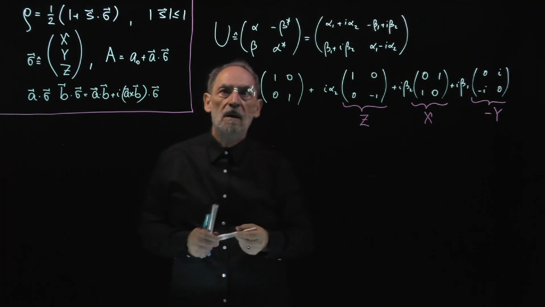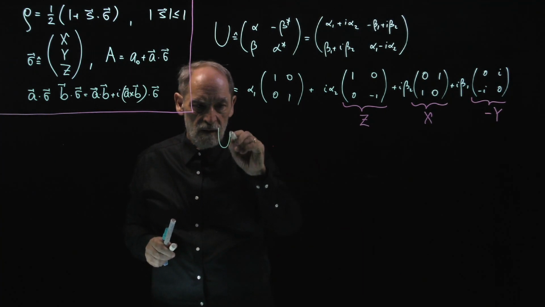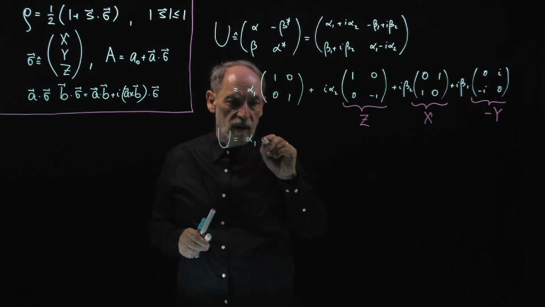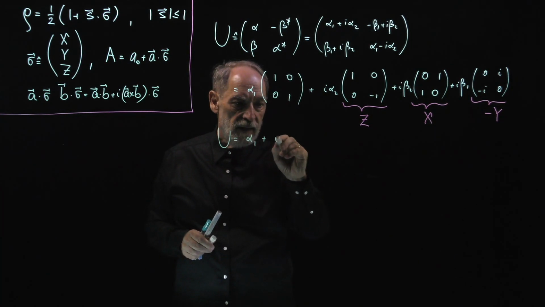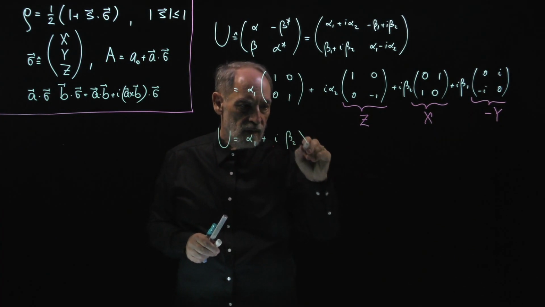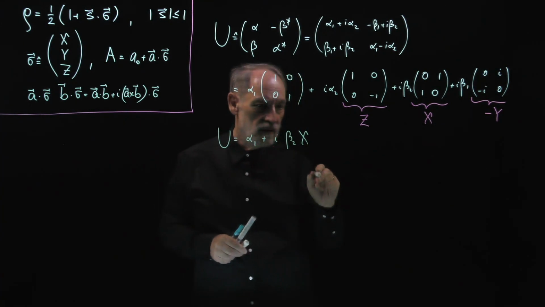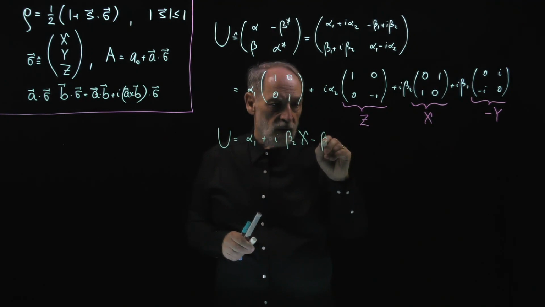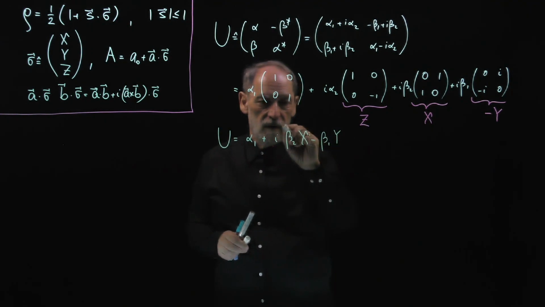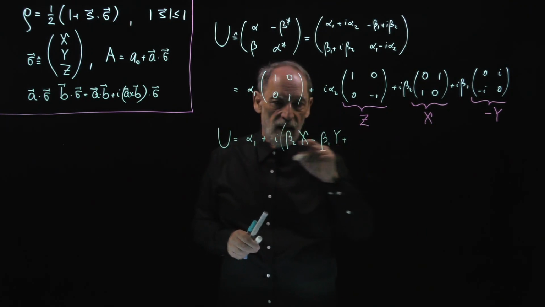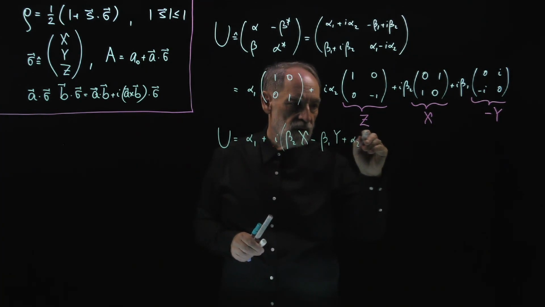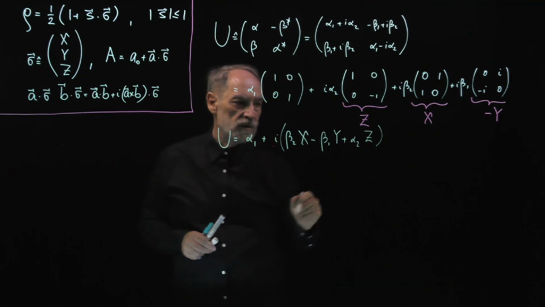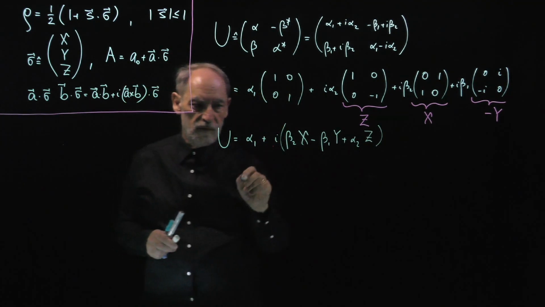So the U then is alpha 1 times the identity plus I times beta 2 times the X operator minus I times beta 1 times the Y operator and plus I times alpha 2 times the Z operator, which now I recognize is of this form.